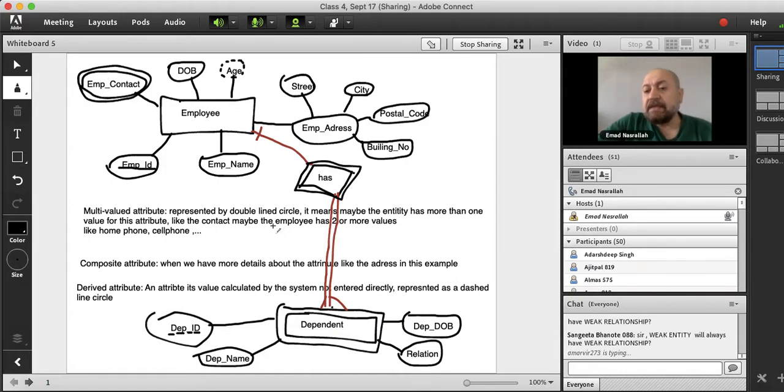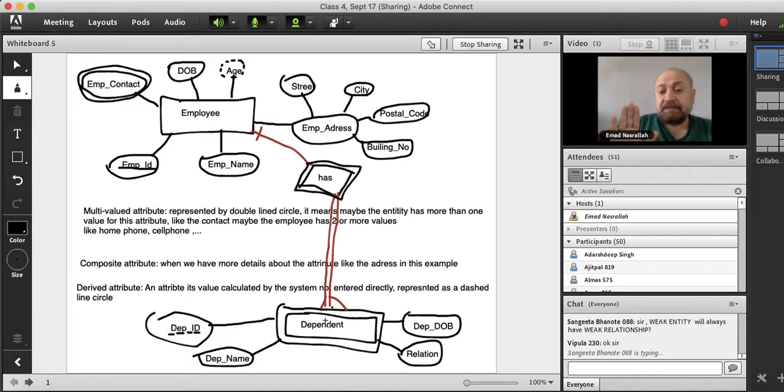A weak entity always has a weak relationship. This is a weak relationship. The weak relationship must be double-lined. The weak entity must have a weak relationship with the owner. This is a must.